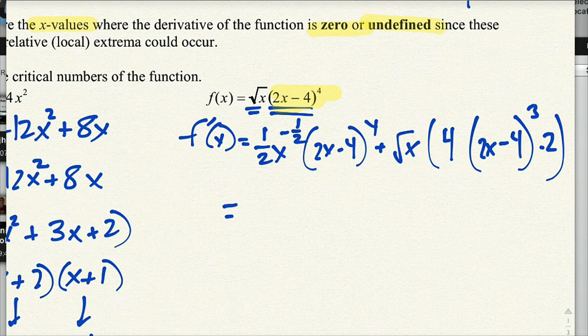I'm going to simplify this to 1 over 2 radical x, because this x to the negative half means a square root of x, but in the denominator, and I have a 2 on the bottom. And then I have a 2x minus 4 to the 4th power, and I'll put that here on the top.